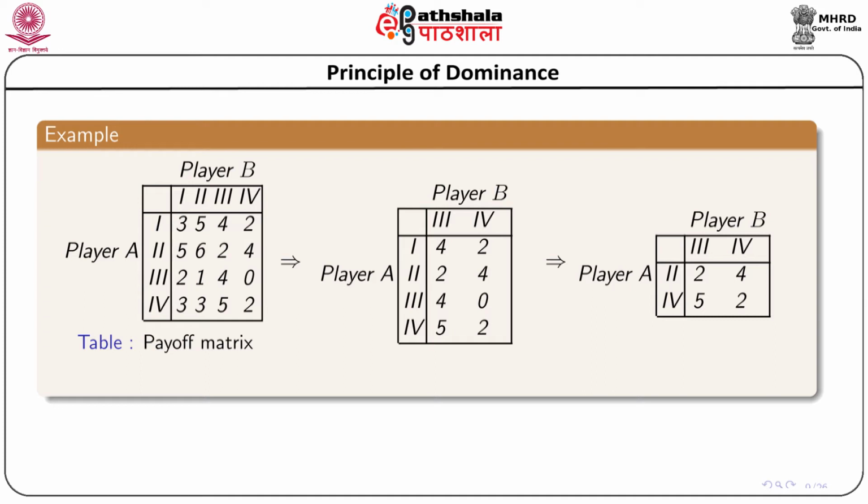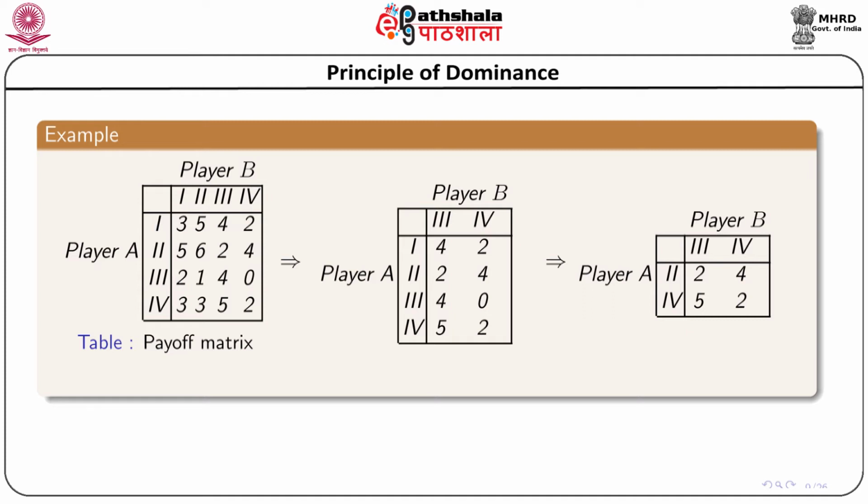Now, we see that columns 1 and 2 are dominated by column 4, because all the values of columns 1 and 2 are greater than the corresponding values of column 4. Hence, columns 1 and 2 can be deleted. The reduced pair matrix is shown in the next table.